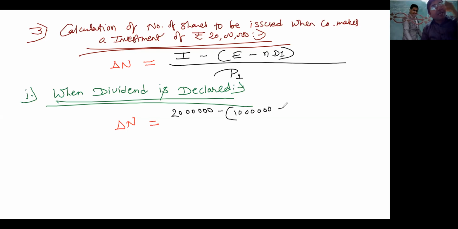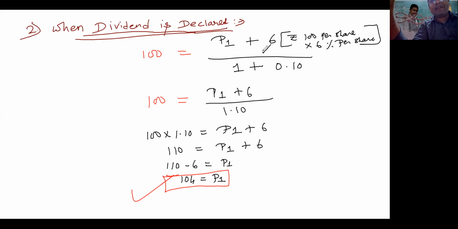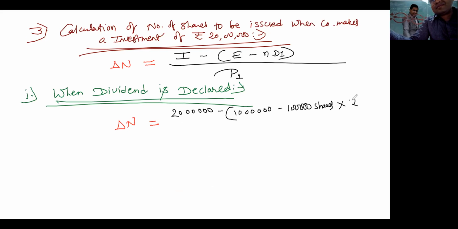N means the number of shares at the beginning, which is given as 1 lakh shares, into D1. You calculated D1 earlier.